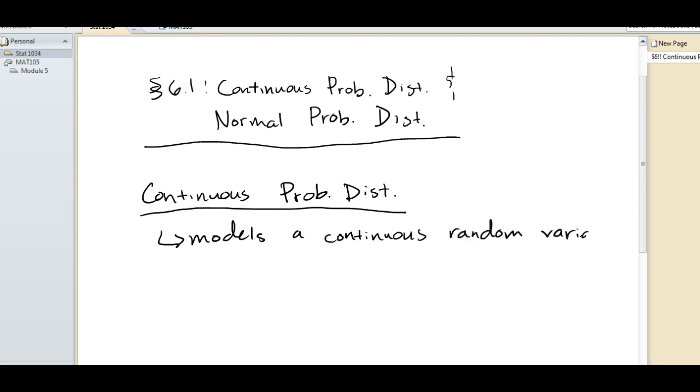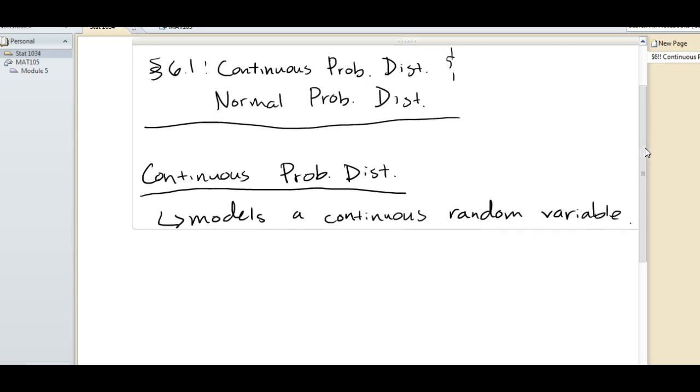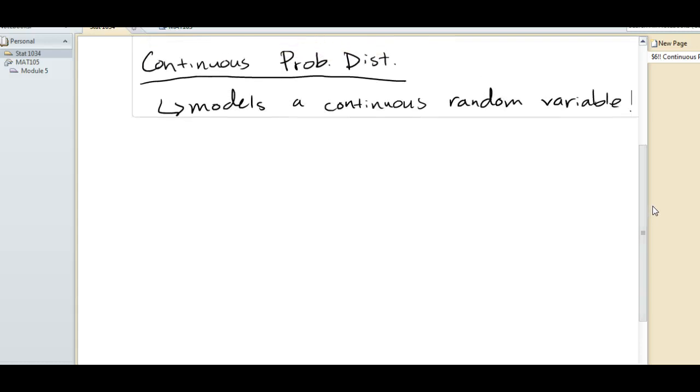So remember, a continuous random variable means that it can take any value on an interval of values. So it could be any possible thing, whereas discrete was basically just like counting numbers usually.